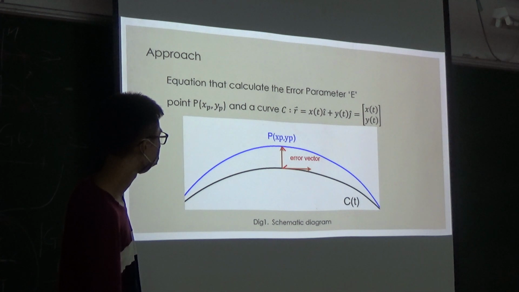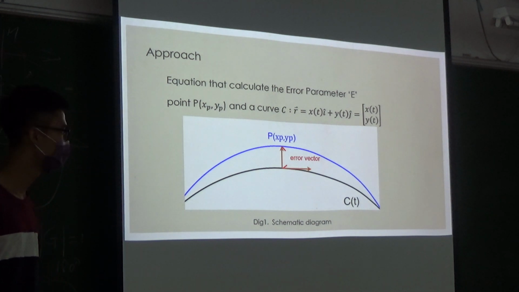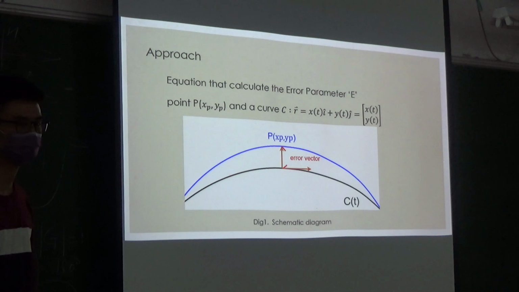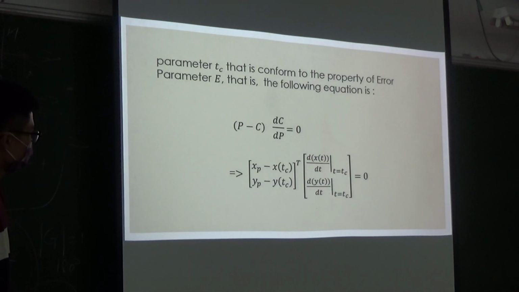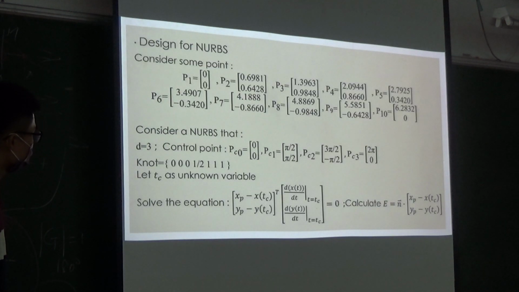It's a little strange. So that means maybe you are given a set of data points. So P1 to P10 are a set of data points you are given, and you want to find a NURBS curve to fit these data points.